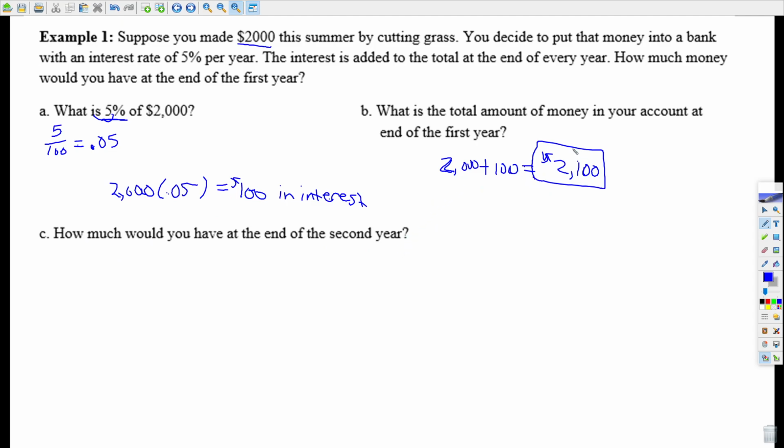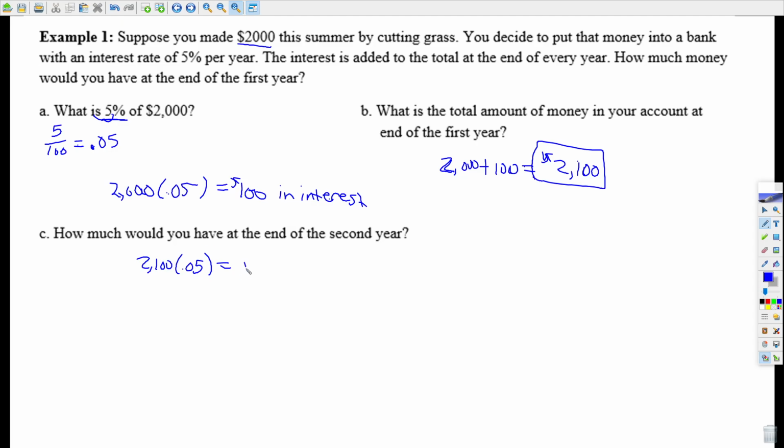Okay, so now that we have $2,100 in there, we're going to use that as our new amount to take 5% of. So we're not using 2,000 anymore because we don't have that much money. We have a little bit more in there now. If we let it sit for another year, we would take 2,100 times 0.05. And we're going to get even more money this time.